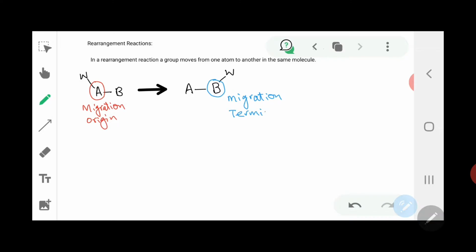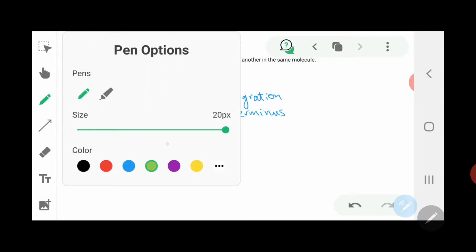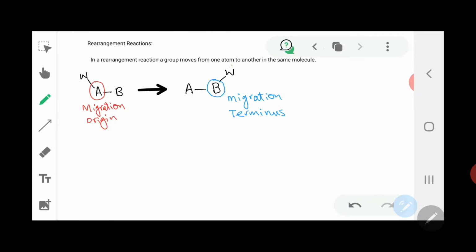So the atom or group of atoms which moves from one atom or from one side to another side is known as migrating group, which is represented with W.